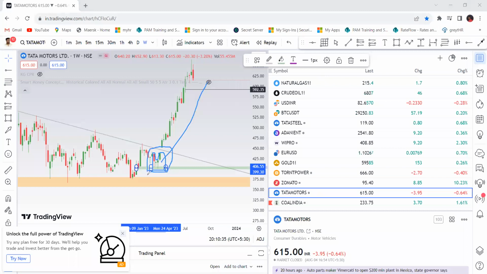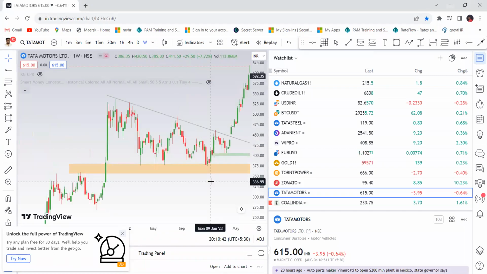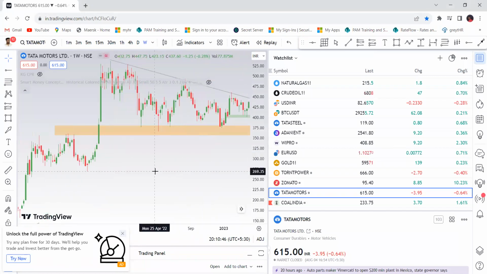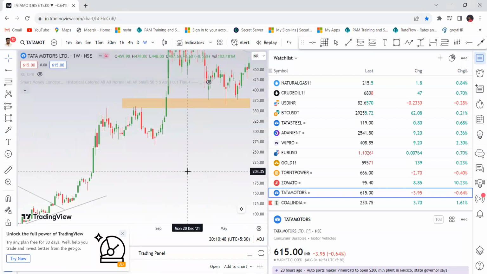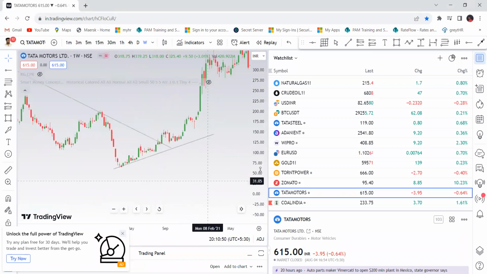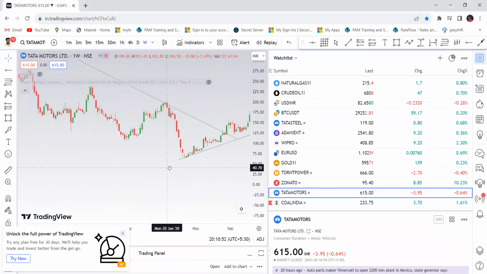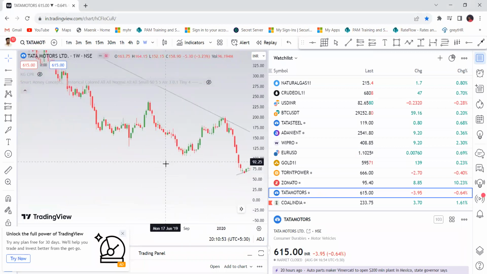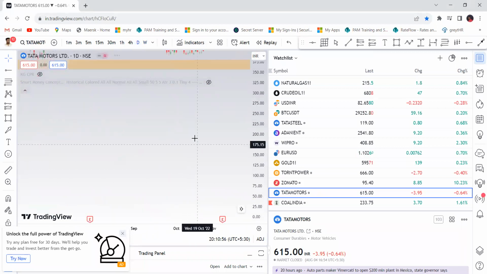It has formed at the support level. Or we can look for an exact morning star. Let's check in the day time frame.